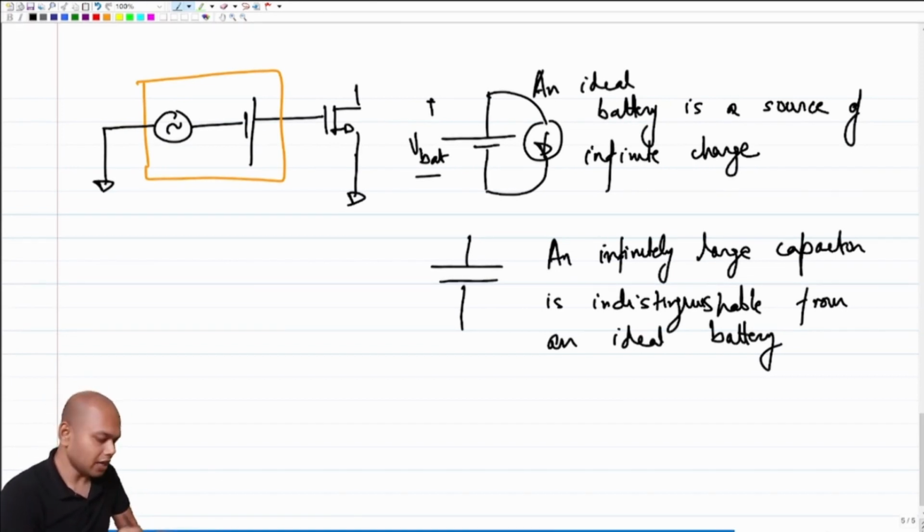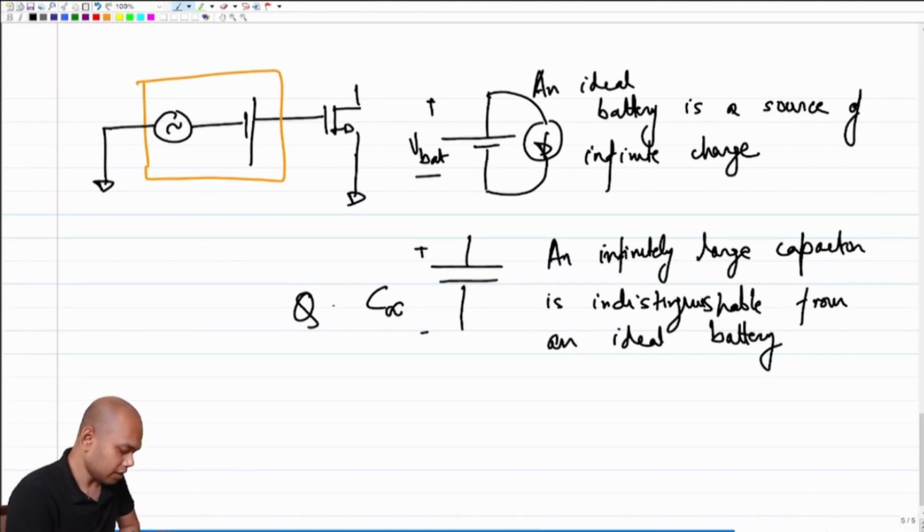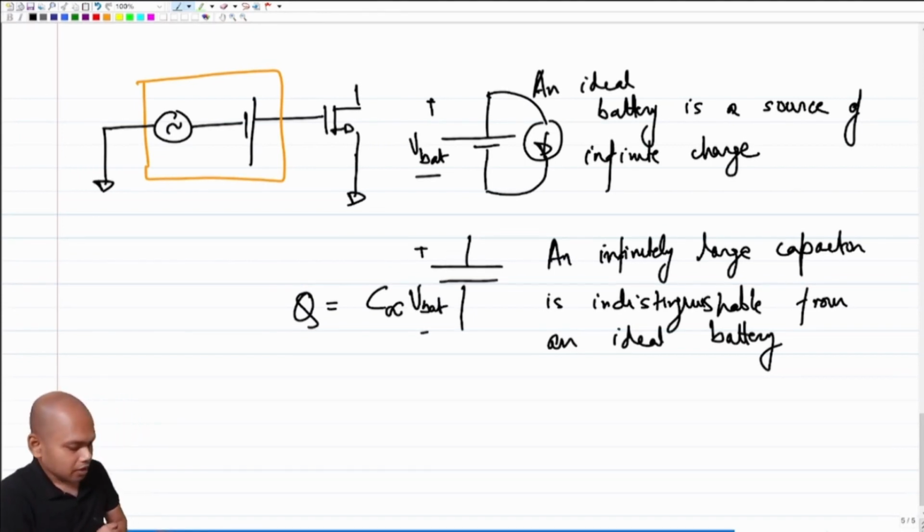Why do I say so? Let's say this is an infinitely large capacitor. Let's say I call it C infinity, and I have a voltage, let's say V bat, across it. So what is the charge? The charge Q will be C infinity times V bat, right?